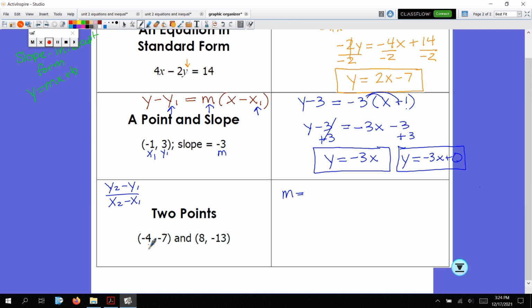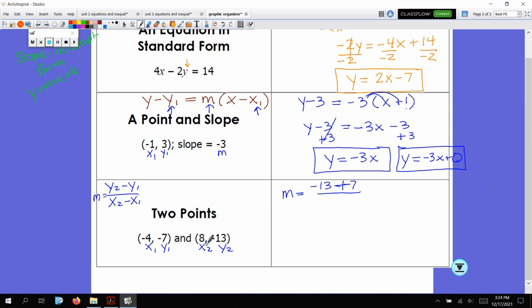I'm going to identify my coordinates. This is x1, y1. This is x2, y2. And I'm going to plug it into this formula here for slope. M equals that. So negative 13 is my y2, and I'm going to subtract negative 7. Be careful about that. What happens with minus a negative? We change it to a big fat plus.